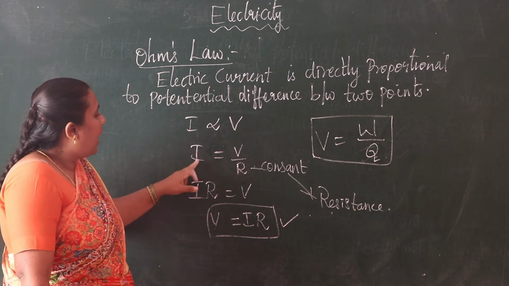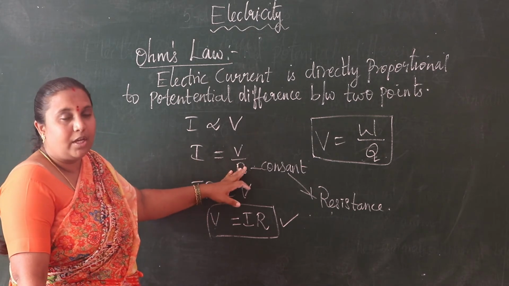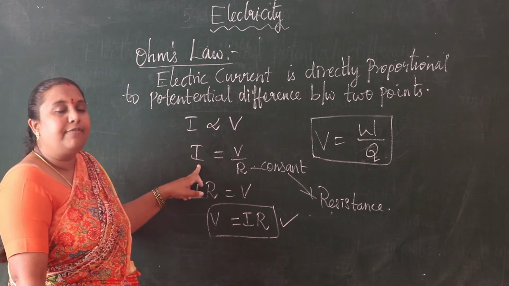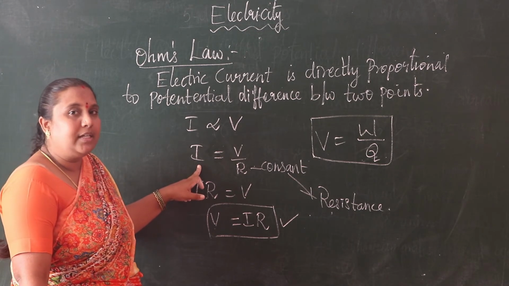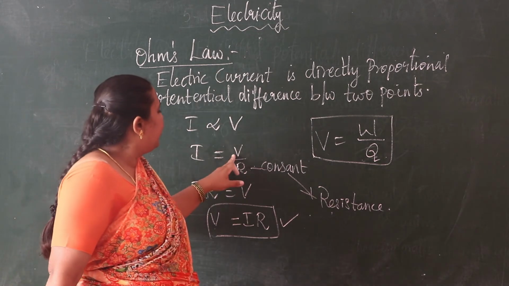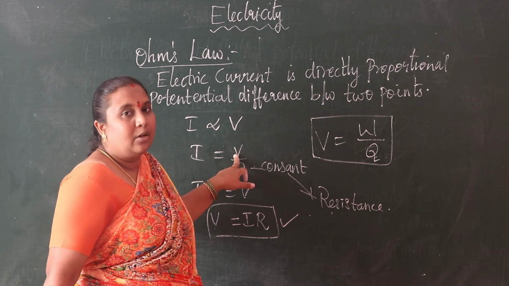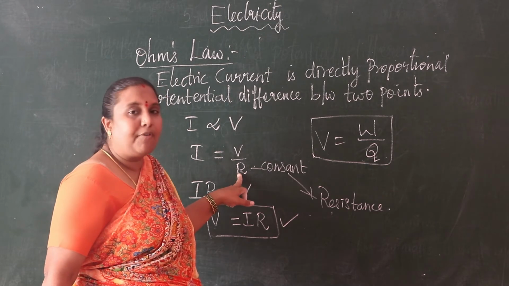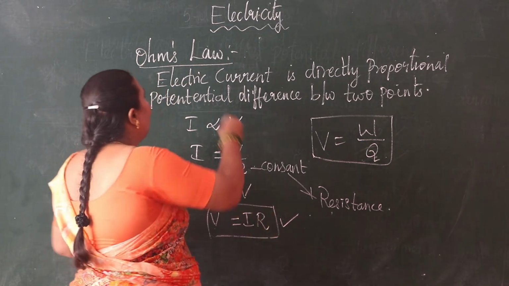See now, I equals V by R. The SI unit of electric current I is ampere, the SI unit of potential difference V is volt, and the SI unit of resistance R is ohm.